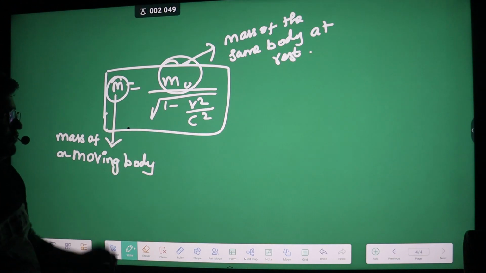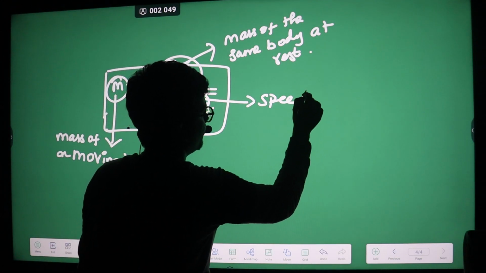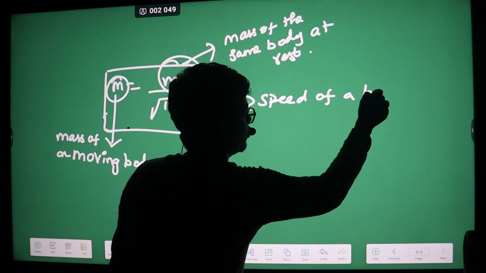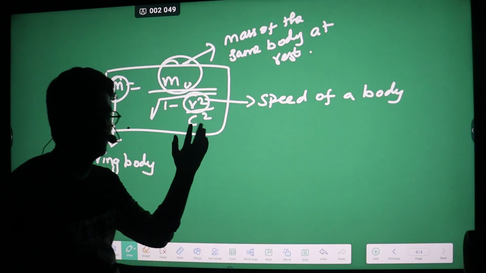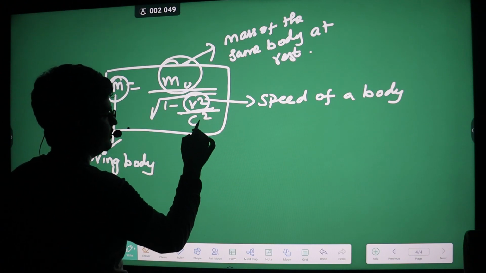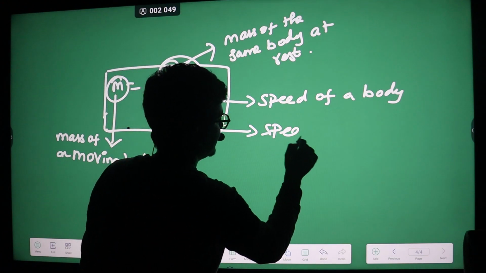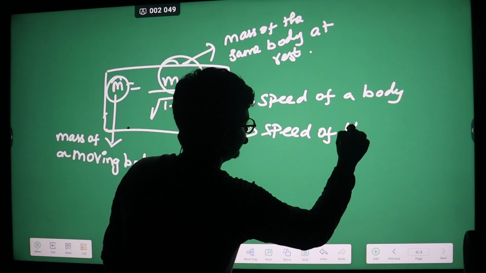Right? And here v is the speed of the body, with what velocity it is moving, the object, right? It is v upon c. c stands for the speed of light.